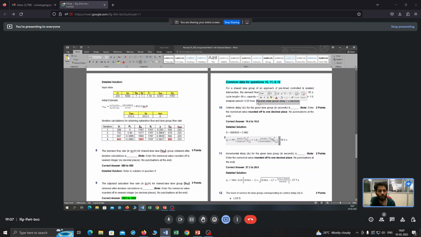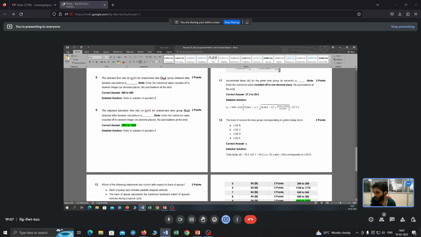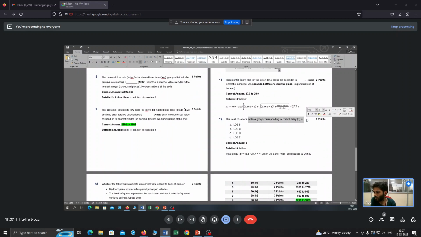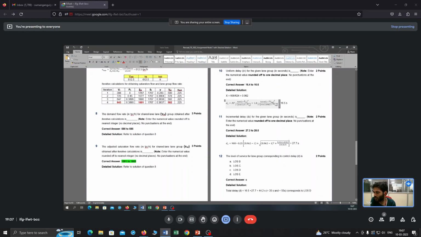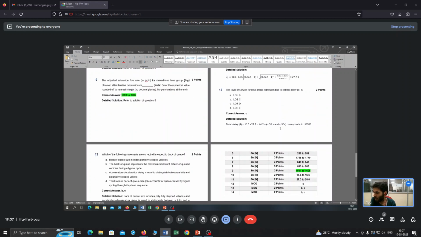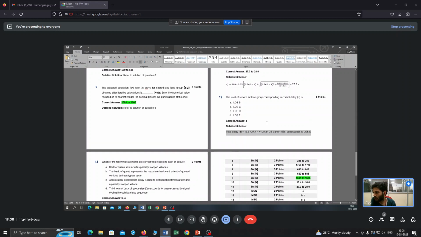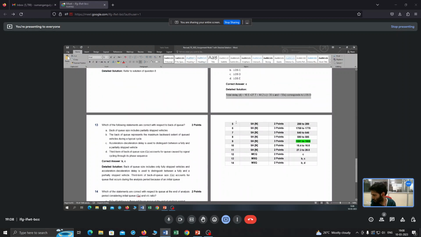So that's why we do not need to calculate the third component, right? So based on that, what is your level of service? Now you add it and check it. Now see, your delay is 44.2 seconds, which is within this bound, corresponding to your level of service D bound, right? So this is called your total delay.